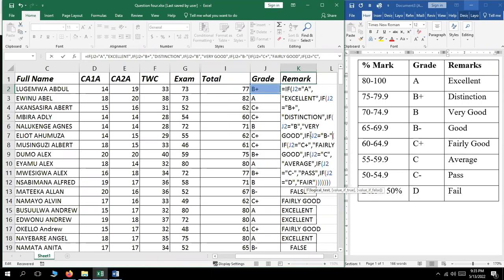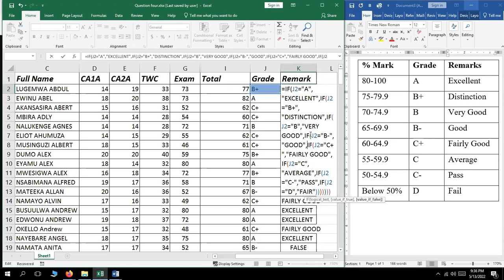After closing quotes, put a comma. We open quotes, put our output as good, close quotes, put a comma. That's what we had skipped.